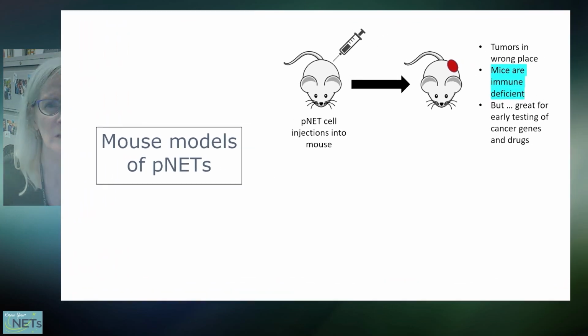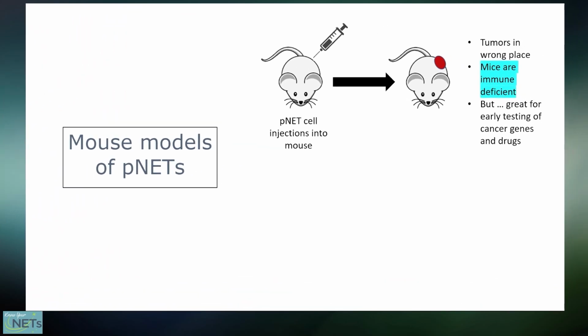So we have pancreatic neuroendocrine tumors, but we're injecting them into the flank, for example. Also, the mice are immune deficient, so they don't have an immune system. And otherwise, if they did, they would reject the human tumor cells that we're putting into them. On the other hand, these mice are great for early testing of putative cancer genes and potential drugs for therapy.